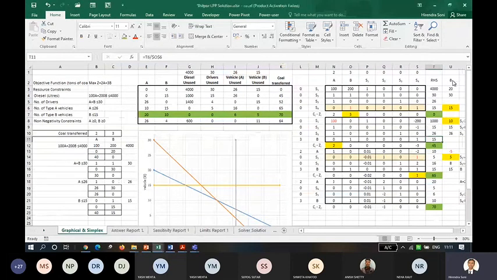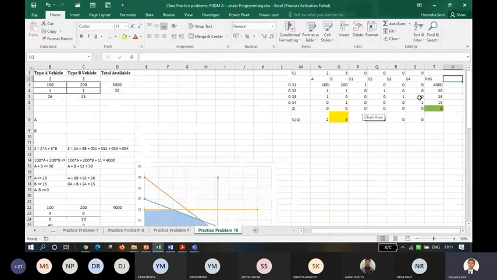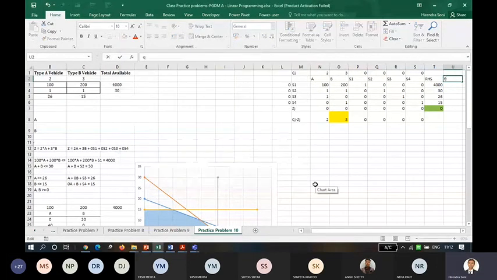Theta is actually worked out using, उसके लिए पहले हमको ये आइडेंटिफाई करना पड़ता है कि कौन सा उसका वैल्यू सबसे कम है. सो आउट ऑफ ऑल द RHS वैल्यू जो हमने इधर पर वर्कआउट किया, उसके लिए पहले हम थीटा वर्कआउट करेंगे. सो थीटा वुड बी जो आपका RHS है और जो आपका एंटरिंग वेरिएबल है उसका कोएफिशिएंट्स. सो यहाँ पर व्हेन आई गो हियर, सो दिस इज माय RHS एंड एंटरिंग वेरिएबल आपका B है, सो दीज आर माय एंटरिंग वेरिएबल कोएफिशिएंट्स यहाँ पर तक का. सो माय थीटा विल बी कैलकुलेटेड, will be calculated based on equals to my RHS divided by my entering variable coefficient, corresponding entering variable coefficient.